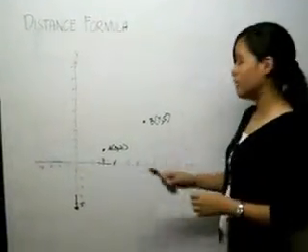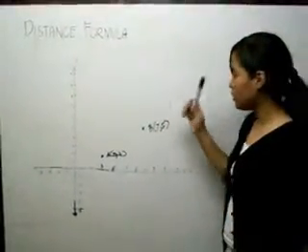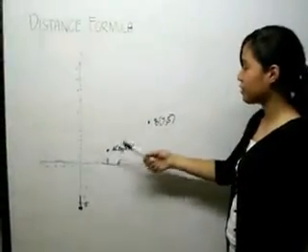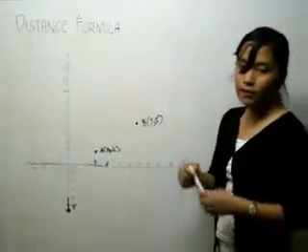Now, suppose we want to find the distance between A and B, which has for A the coordinates 3 and 2, and B 7 and 5.